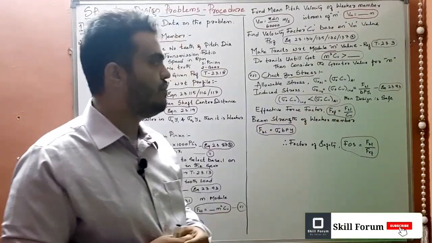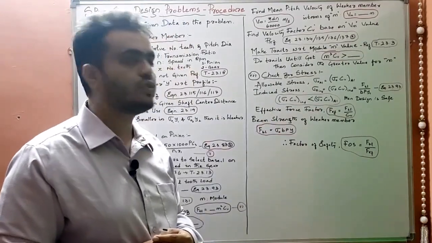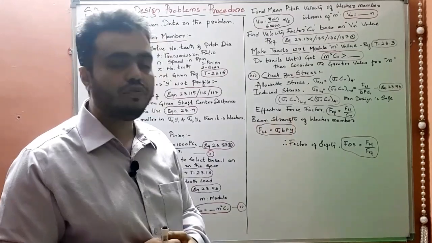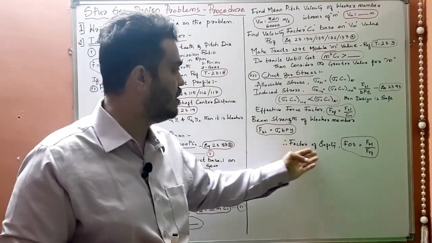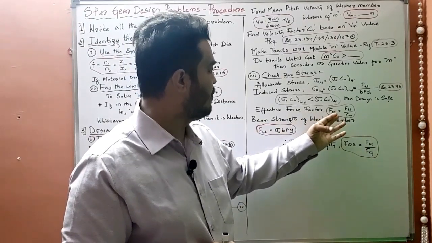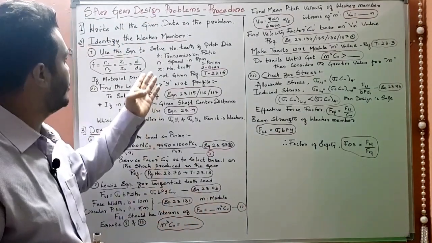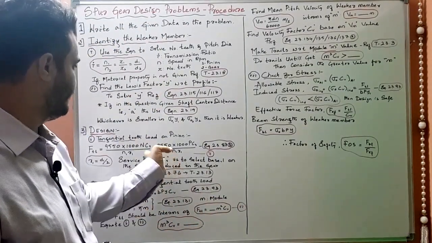Once we find the design is safe, next we need to find out effective force. Why do we need to find out effective force? To find out the factor of safety. We have an equation: effective force is equal to FTL by CV. FTL we already got by using this equation, okay?